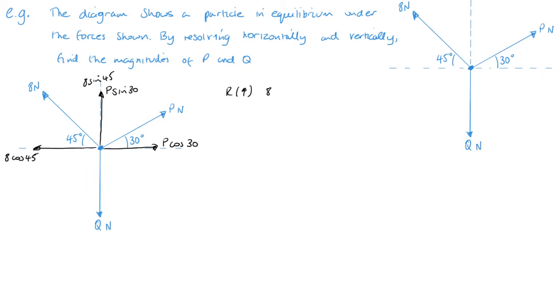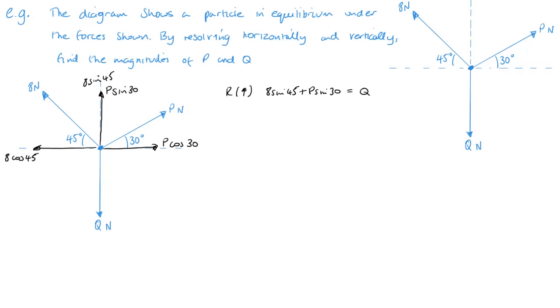I've got 8 sin 45 plus P sin 30, and then really it is minus Q equals 0, but I find it easier to write it like that because they're balanced, so the forces going up equal the ones going down.